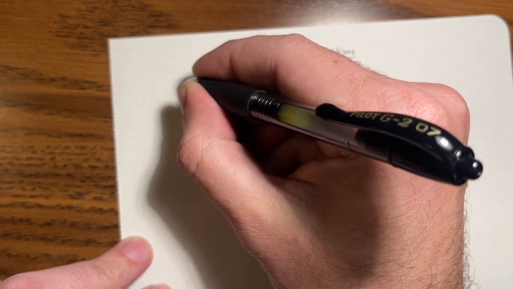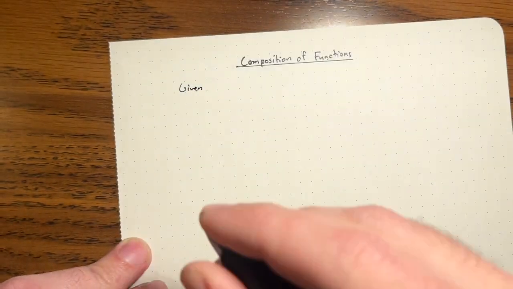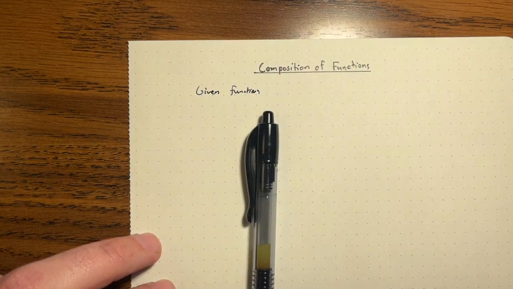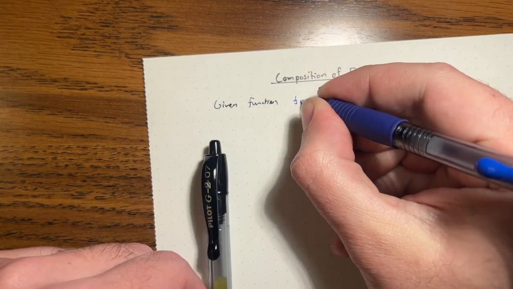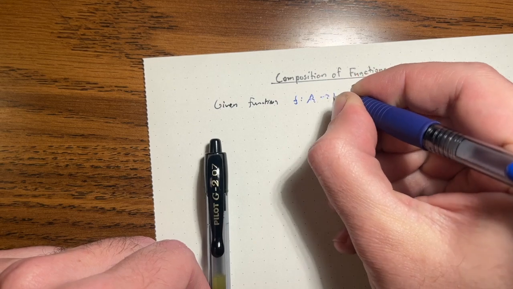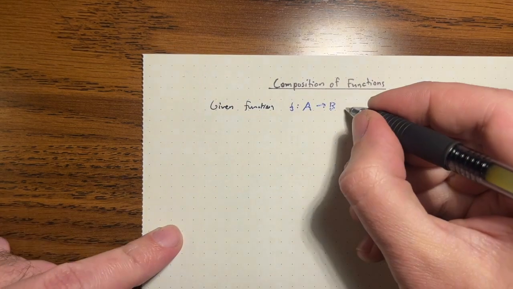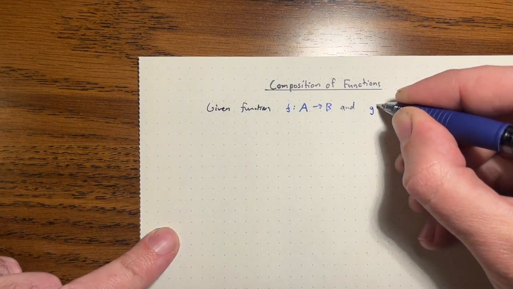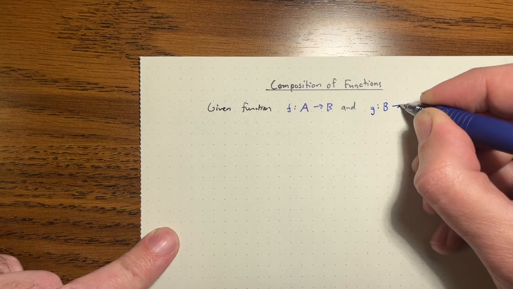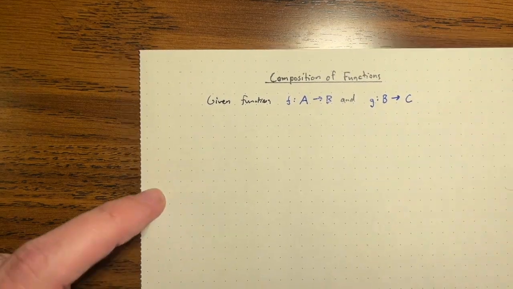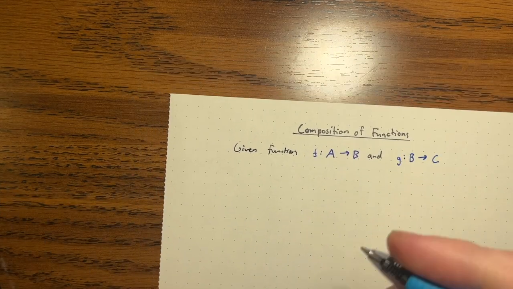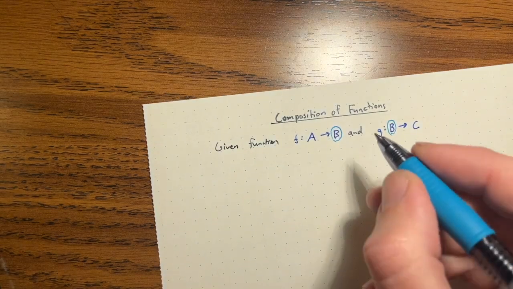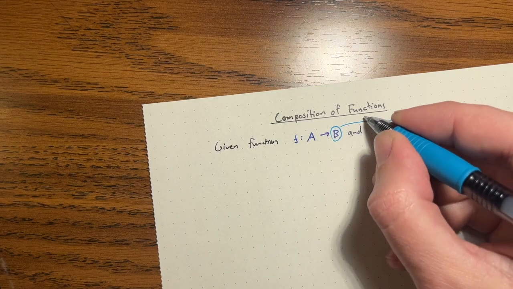In particular, given two functions, say f from some set A to some set B, and g, I want to do f followed by g, which means g had better start where f left off. So this has to match here. The codomain of f should match the domain of g.